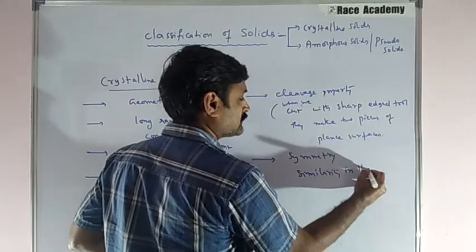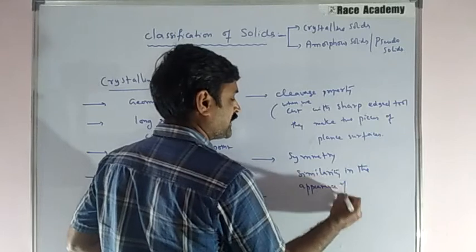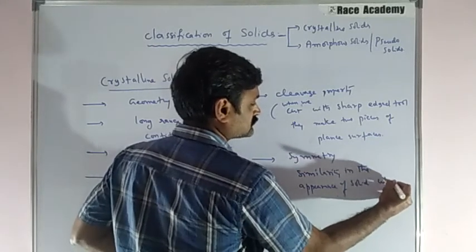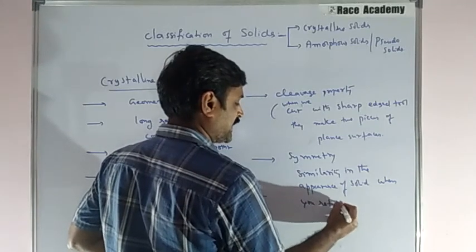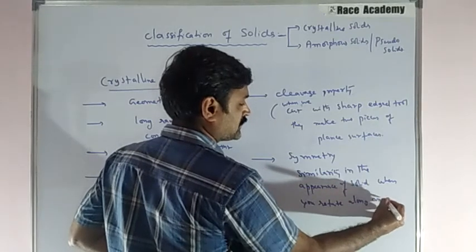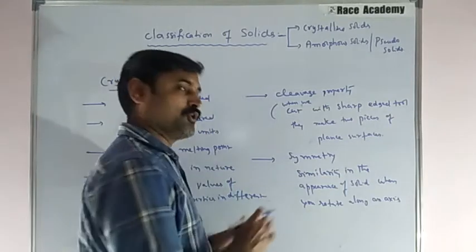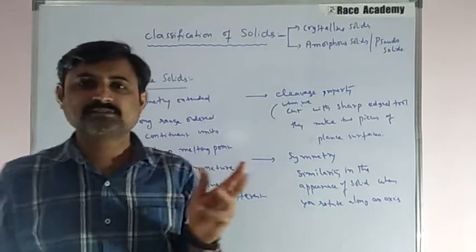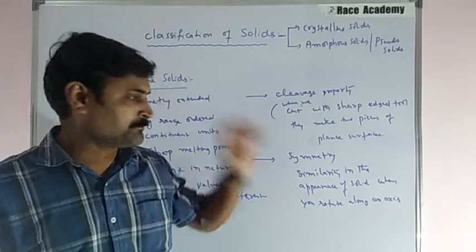Similarity in the appearance of a solid when you rotate it along an axis about some angle. So rotation also takes place with some extent of angle. The angle of rotation is very important.